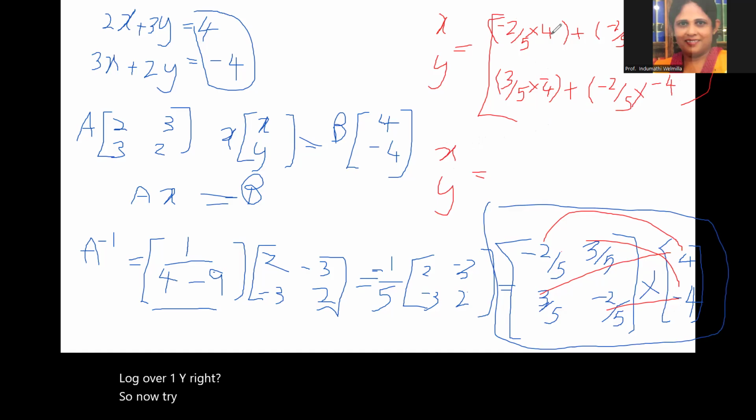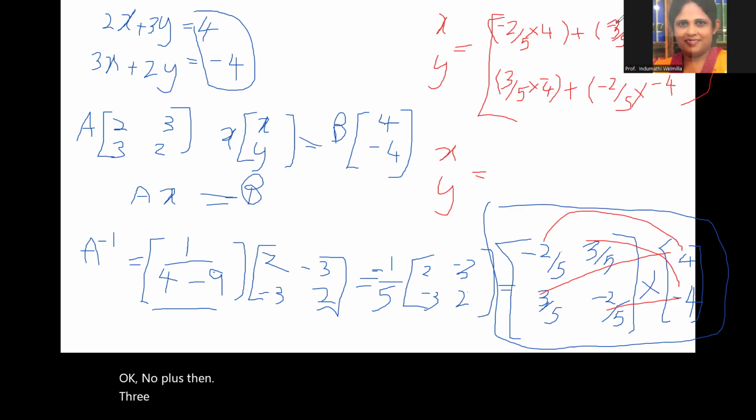Here 2 into 4, minus 8 divided by 5, right? Here minus minus plus. Again 3 into 4, 12, it again becomes plus.